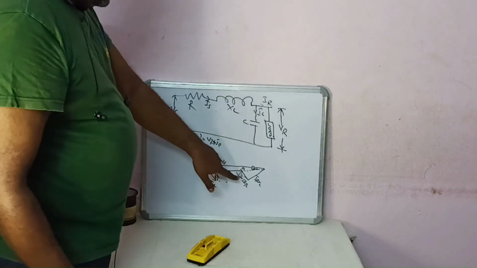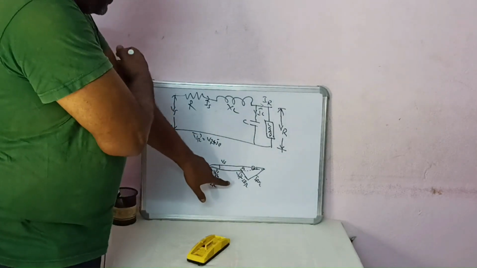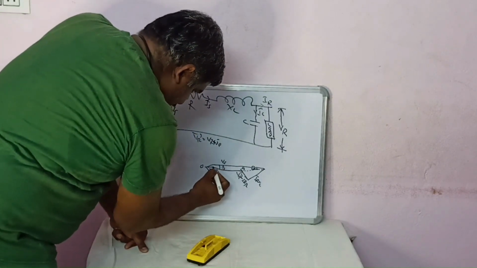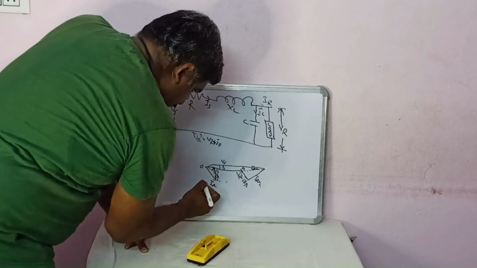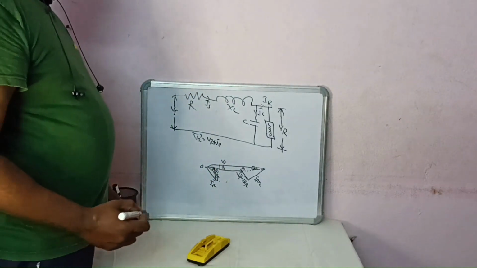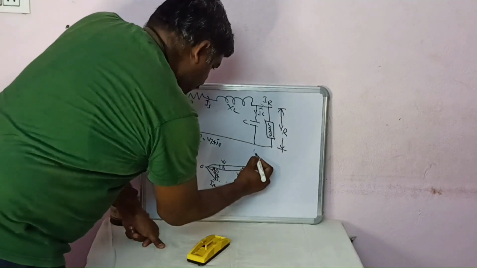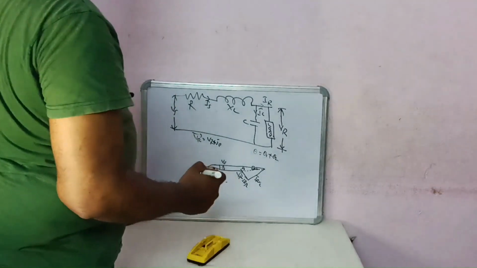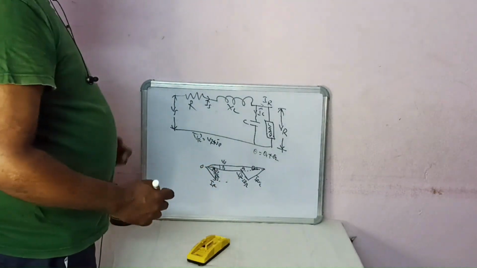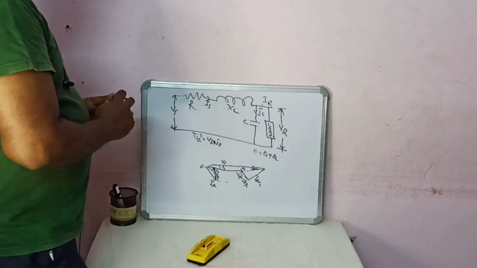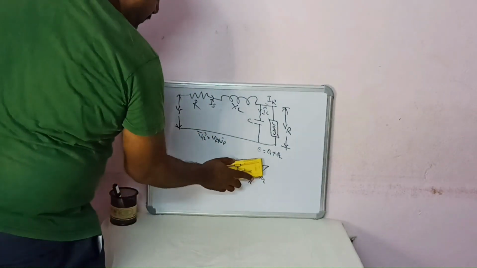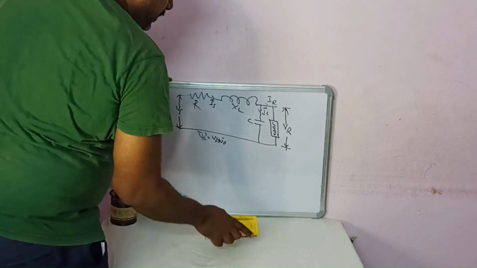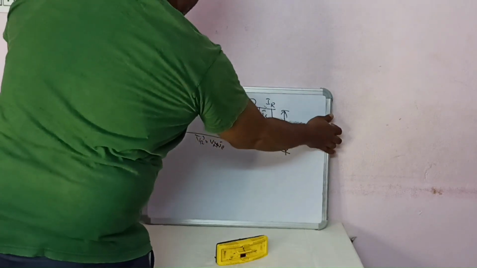When this is added with VR, you can obtain the value for your VS, and you can see here this is my theta 1, and you can also consider it as your theta 2. The angle that exists between VS and IS is taken as theta 1 plus theta 2. And today we are here to discuss the ABCD parameters that are available for the end condenser method.